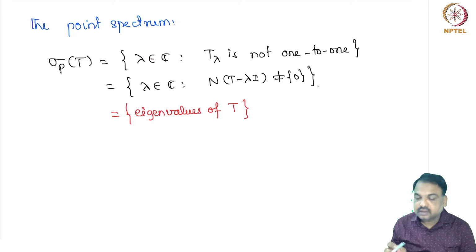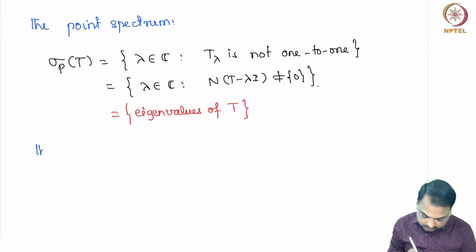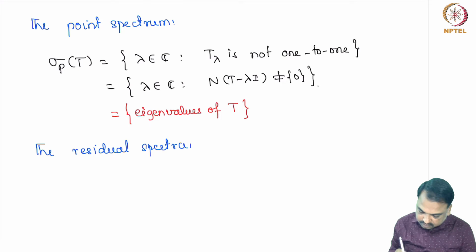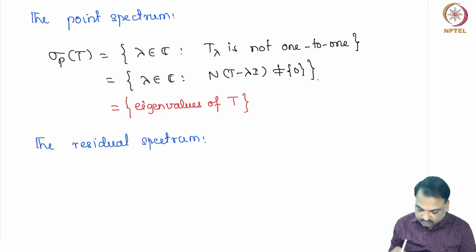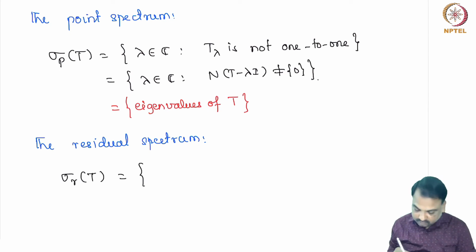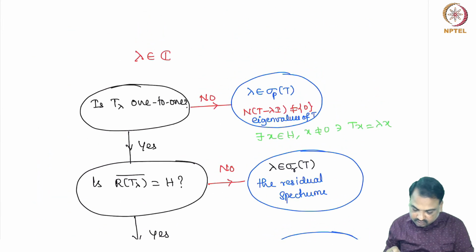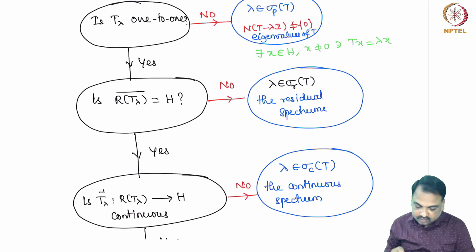The second one is the residual spectrum. This is sigma r of T, the set of all lambda in C. So we will get one yes and one no. From the first question we come to the next level. That means, is the range of T lambda equal to H? We ask the question.